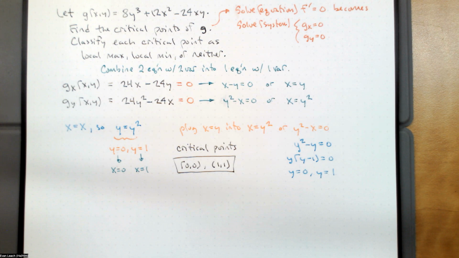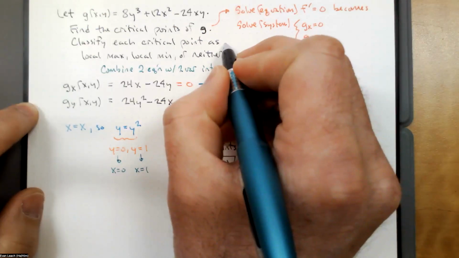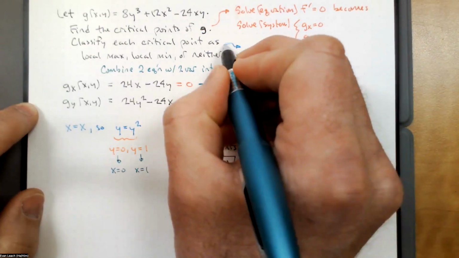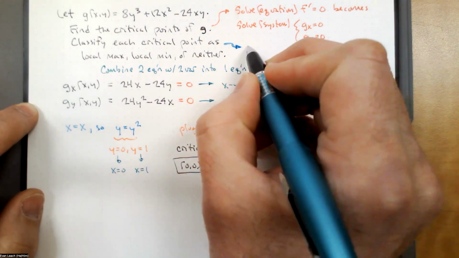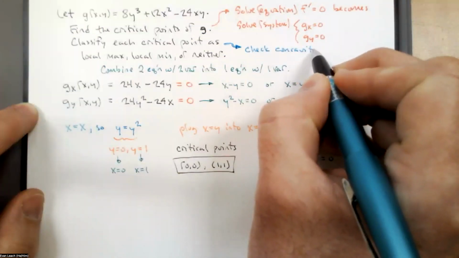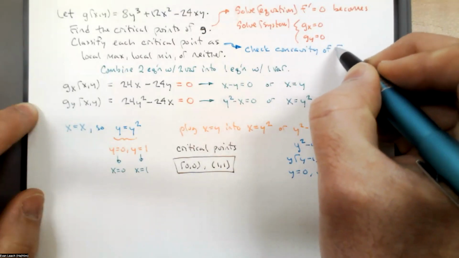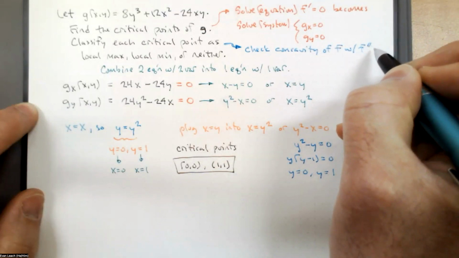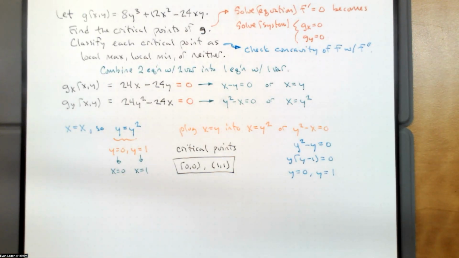The second part, classify each critical point as a local maximum, a local minimum, or neither of those. We could use the second derivative, but there are 4 second derivatives. Before, in the one variable case, we just had to check the concavity of the function with the second derivative.